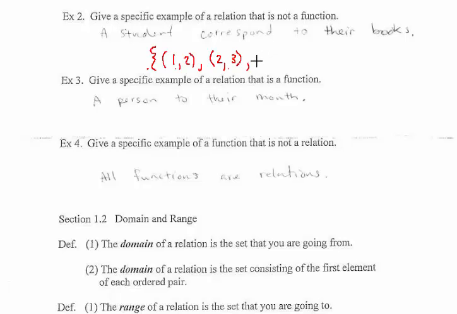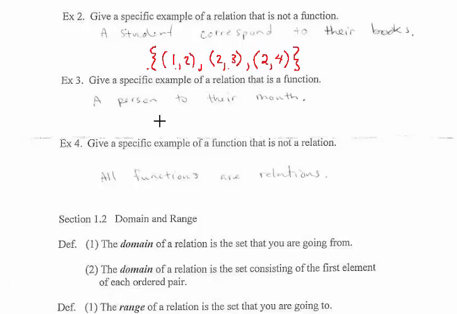But then, if we do not want this to be a function, only a relation, all we have to do is take one of the first elements that we've already used, for instance 2, and assign it to a different second element, for instance 4. And so this would be a relation. We have a set of ordered pairs, but it would not be a function because 2 is assigned to 3 and 4.